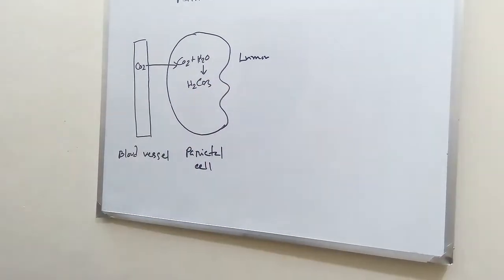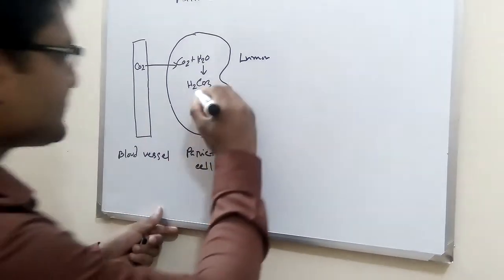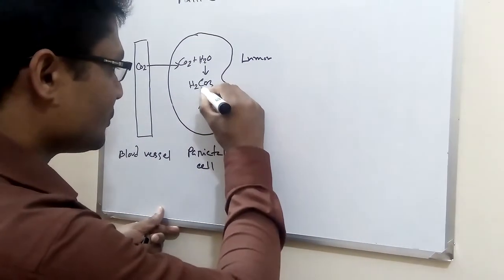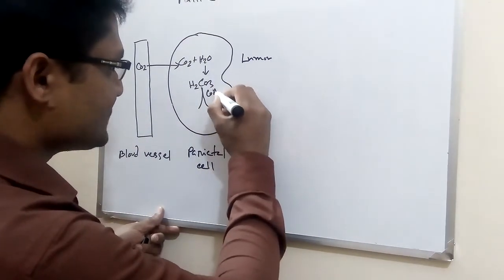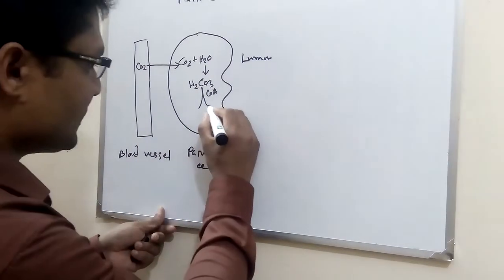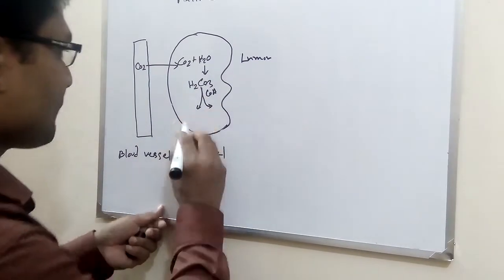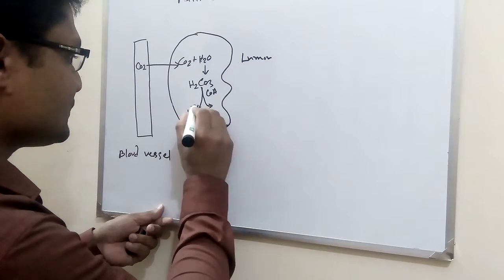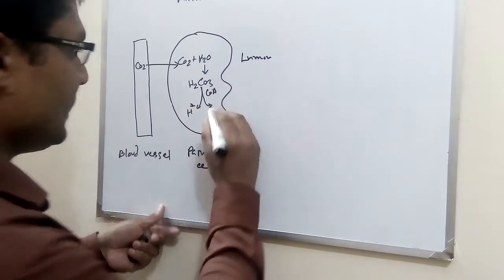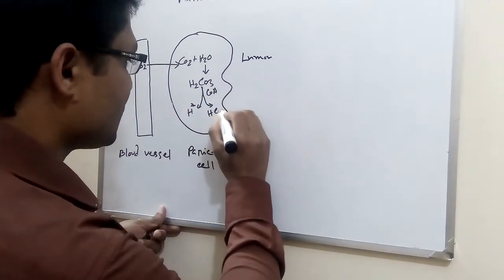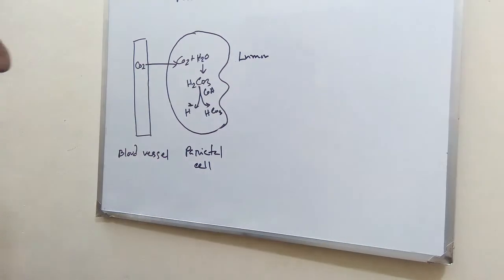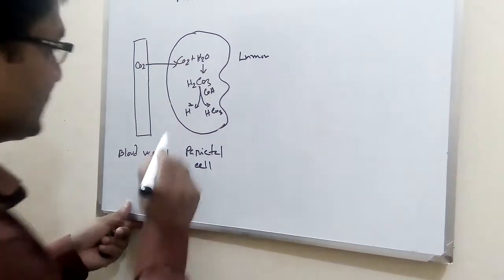This carbonic acid splits into hydrogen and bicarbonate.